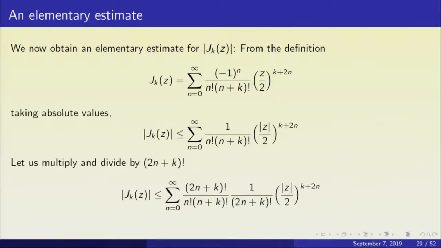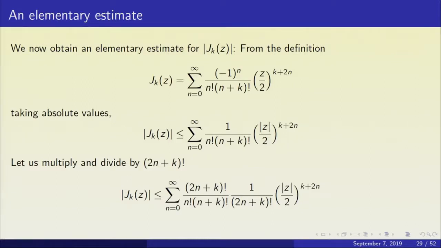Let's take the absolute value and use the triangle inequality and take the absolute value inside. Mod J_k(z) is less than or equal to the summation n from 0 to infinity of 1 upon n factorial into (n plus k) factorial, into (mod z by 2) the whole thing to the power k plus 2n.